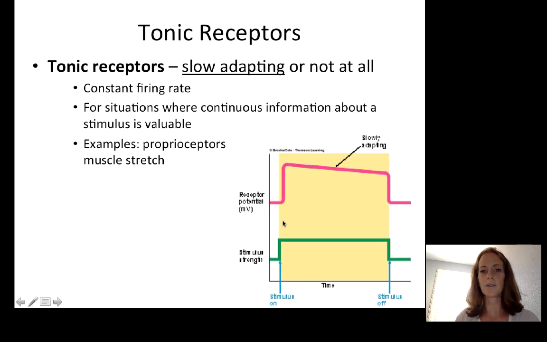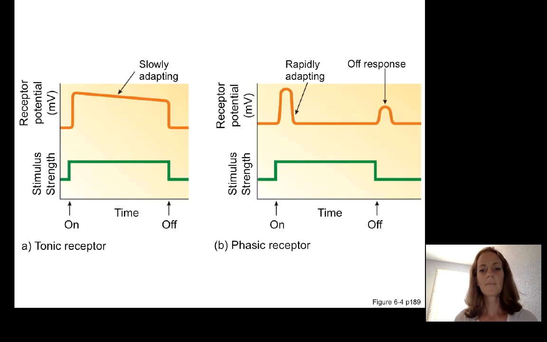Tonic receptors will respond to the stimulus and continue to respond the entire time that stimulus is on, albeit they may slow down their response a little bit. This is for situations where continuous information is valuable, for example proprioception, or where our bodies are in space, and stretch of muscles. Okay, same graphs, just a little bit more clear for you so you can review them later.